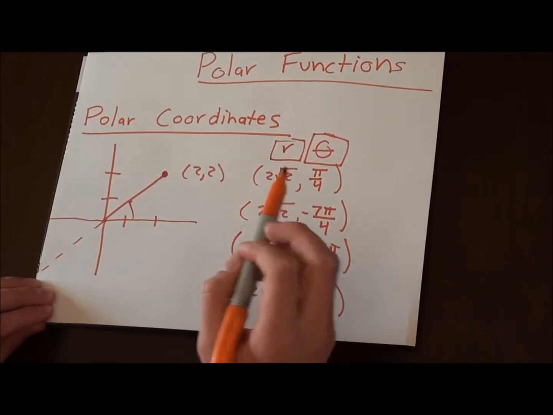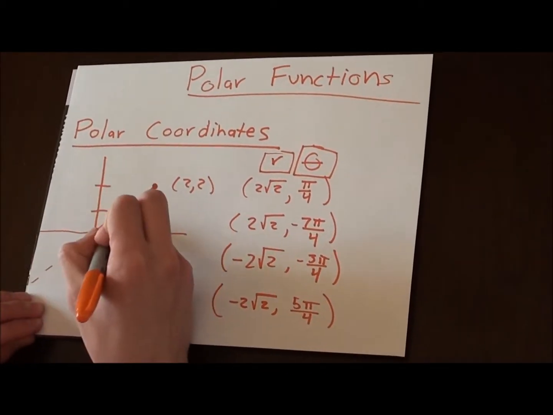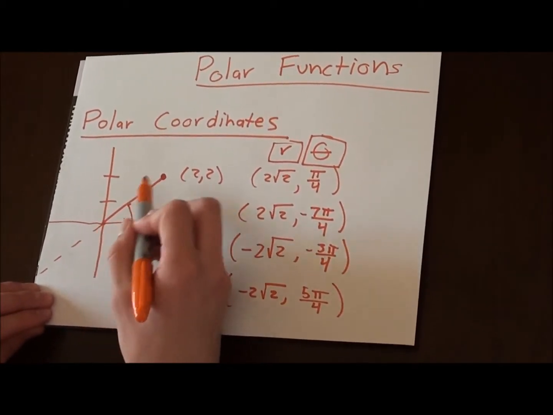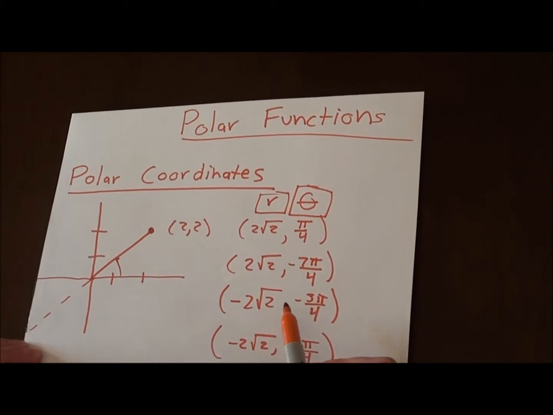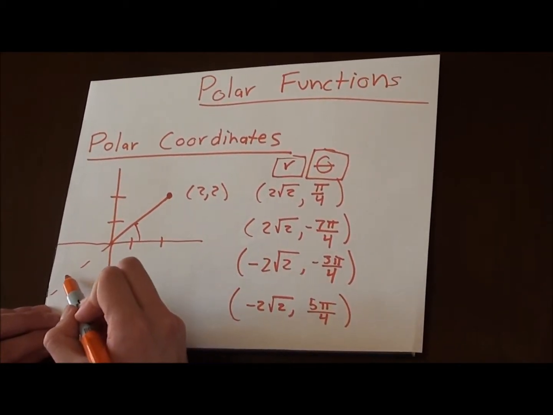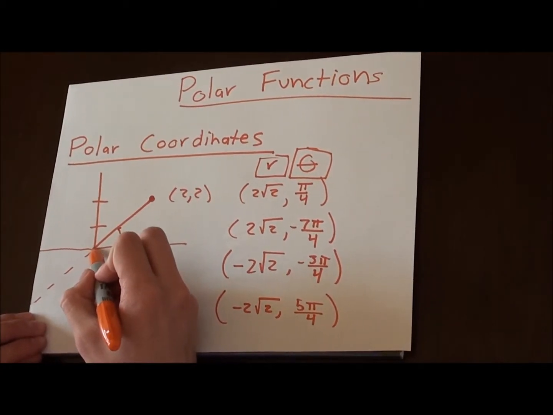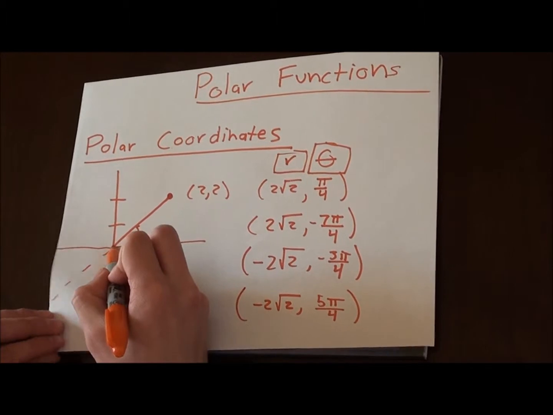This point right here comes from going negative 7 pi over 4, so all the way around, and that's also positive 2 square root of 2. I can also name this point using a negative 3 pi over 4, which would be back here, and it would normally be, if this was positive 2 square root of 2, it would be like this.